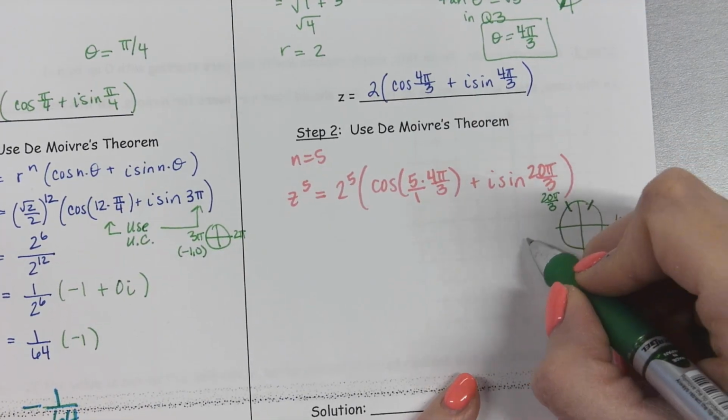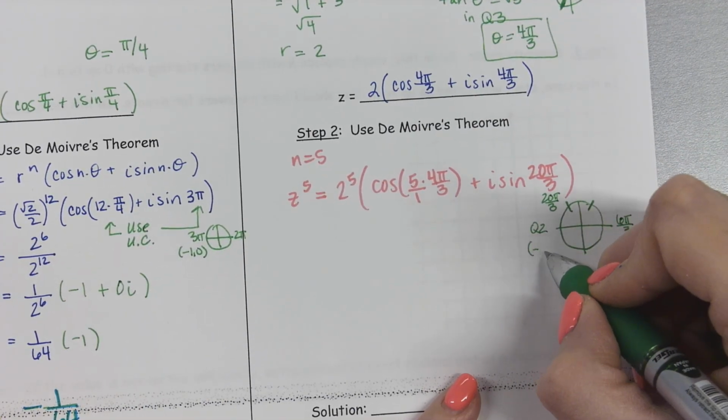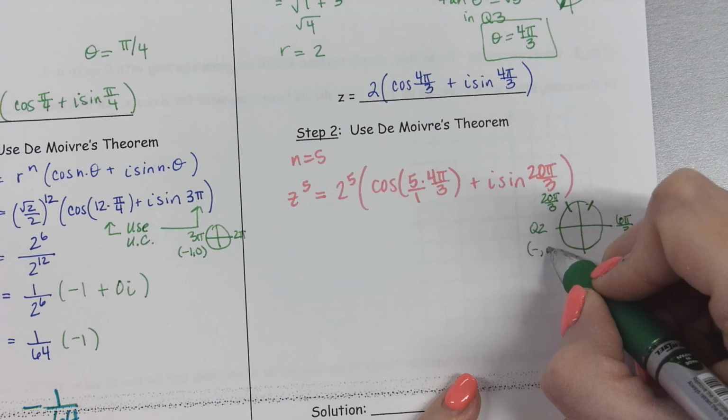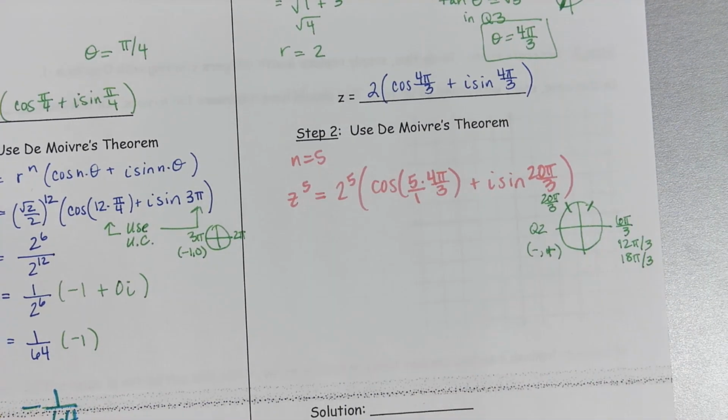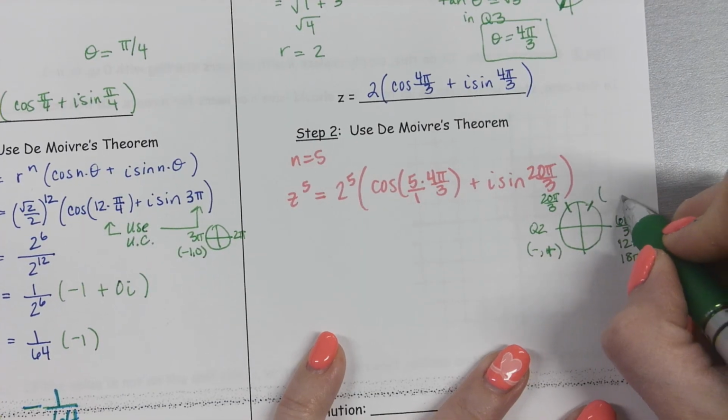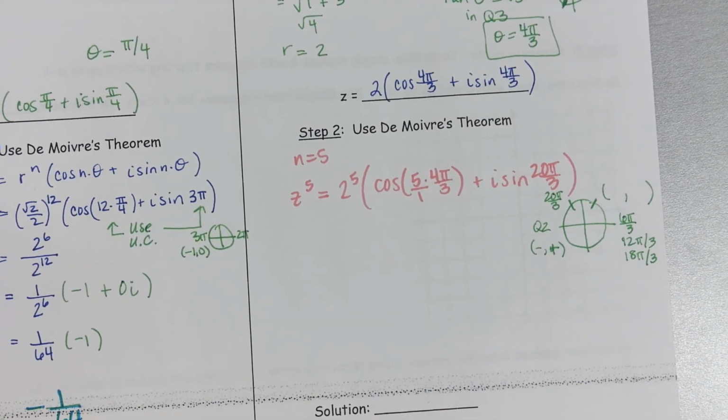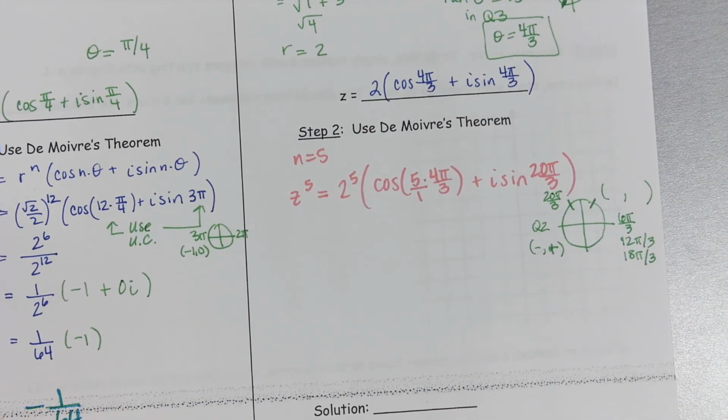Which means you're going to be in quadrant 2, so you should have a negative x and a positive y. So a negative, positive. I want you to find that point and plug it in if you haven't already. Again, sometimes it helps to write out the point from quadrant 1 and then transform it.